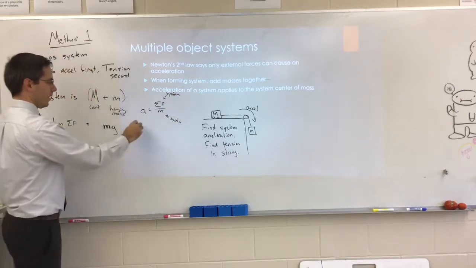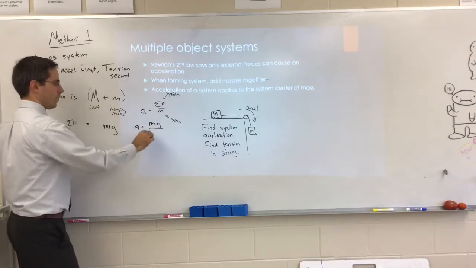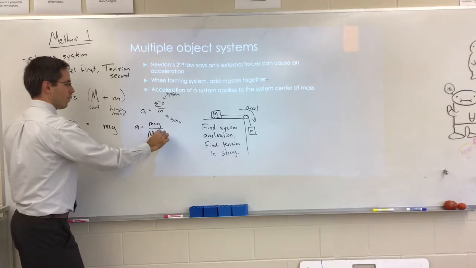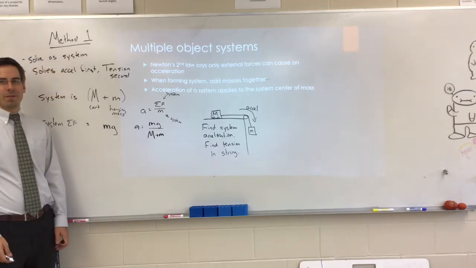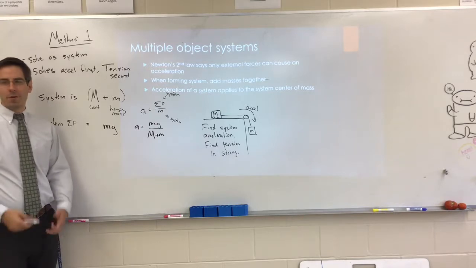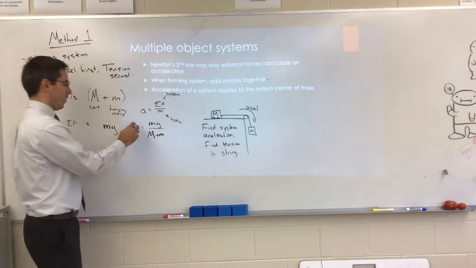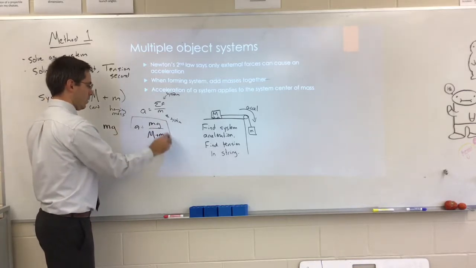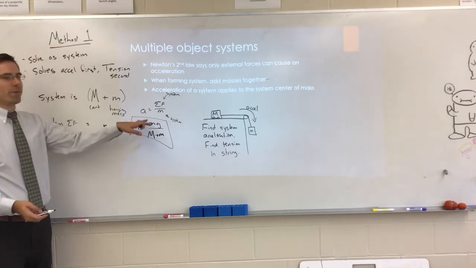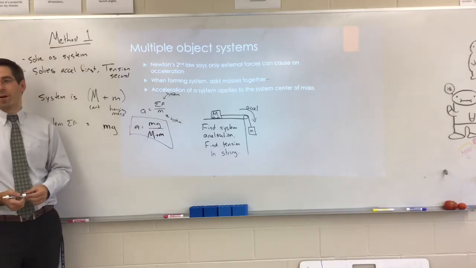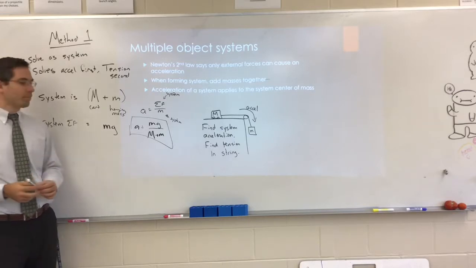So then when we plug these in, we just get little m g over the sum of big M plus little m, and this is it. If you have numbers, you can put in numbers, but this is our general solution. This is our system acceleration. And this is a form that you need to be comfortable with, all the big M, little m, m1, m2, something like that.